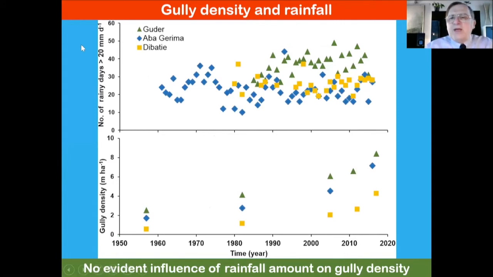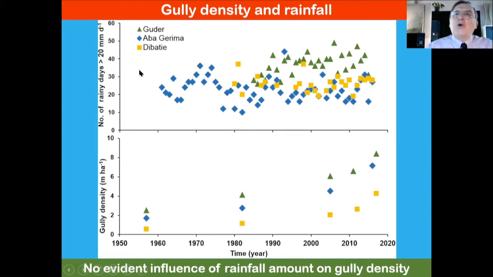We have an increase through time of the gully density. But what about rainfall? Unfortunately, we do not have hourly intensity in the study area.